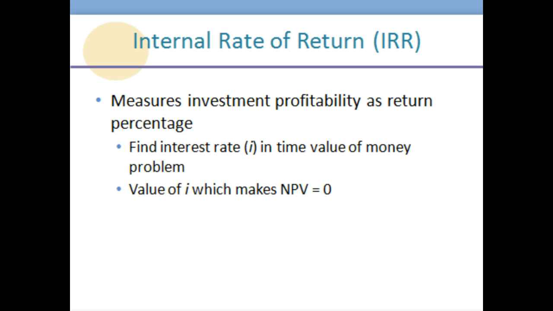To fully comprehend the meaning of the internal rate of return, the student needs to understand how IRR relates to NPV, and so it's important to show that the IRR is the discount rate, interest rate, that makes NPV equal 0.